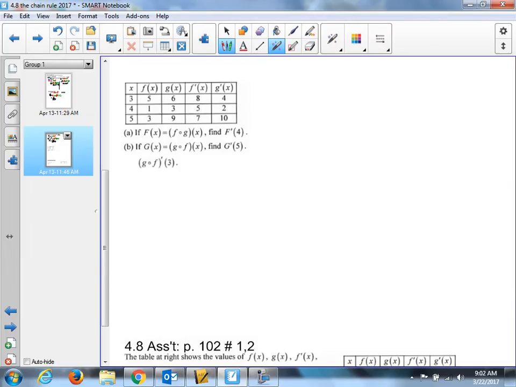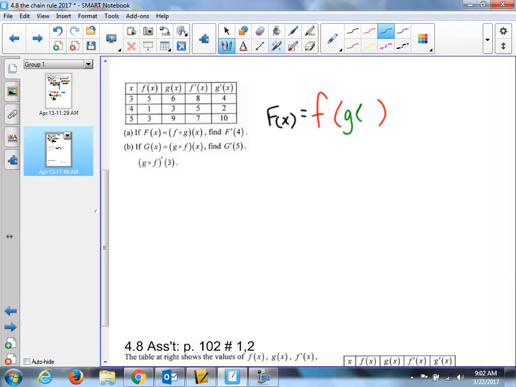If big F, the function, is equal to f of g of x, that's composite notation. It means f is the outer function, g is the inner function. Find F prime of 4.